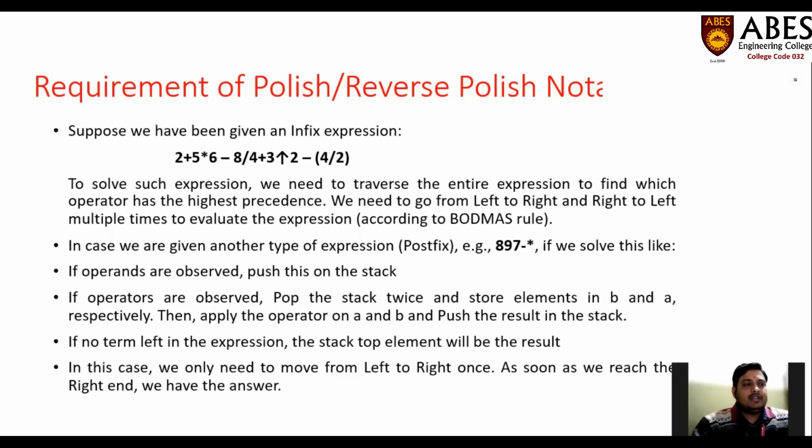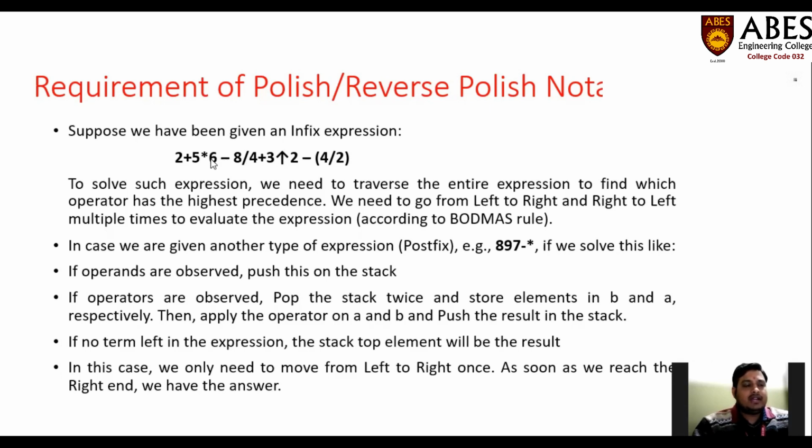For solving this, we have to traverse the whole expression for each operator to find out the precedence of the operators, that is, which operator will be evaluated first. First we traverse and find the operator with the highest precedence, and that will be evaluated first.